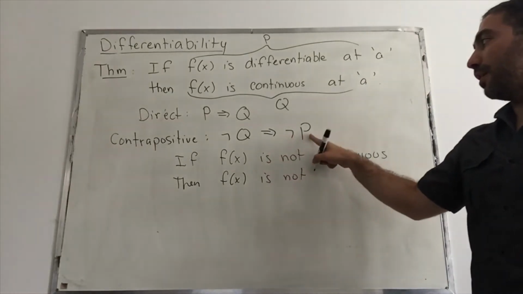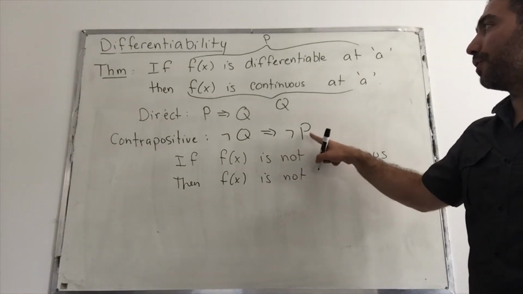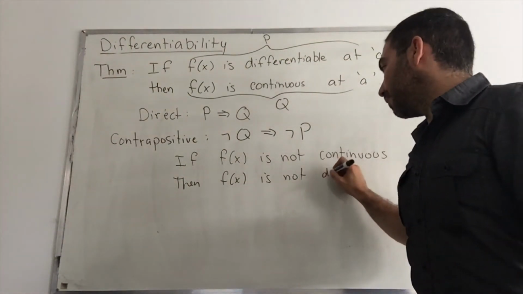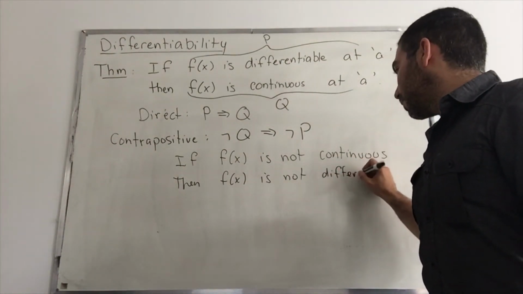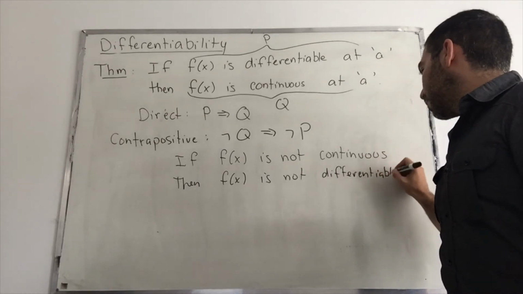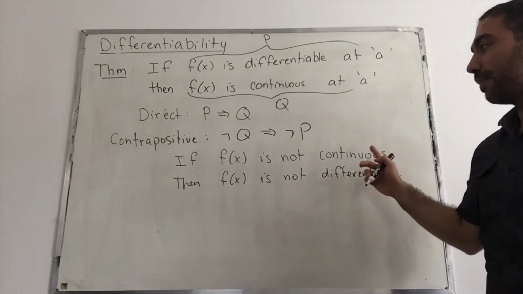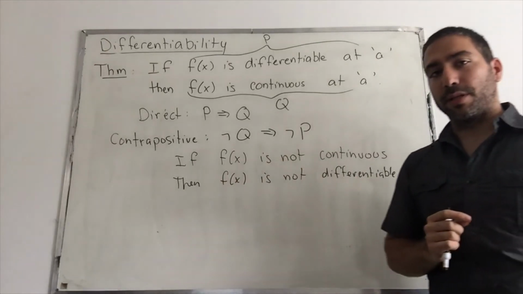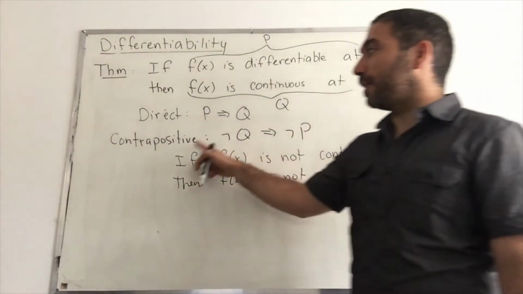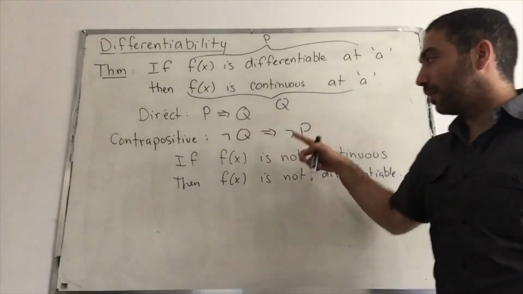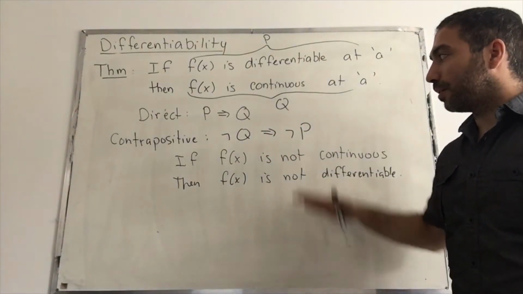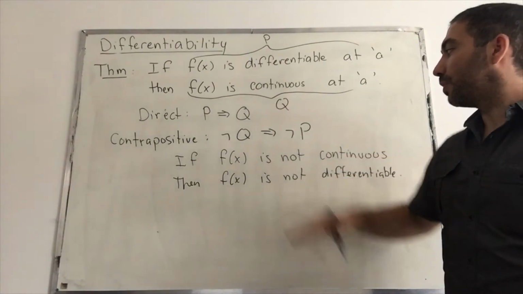This implies not P, the negation of P. P is f of x is differentiable, so not P is f of x is not differentiable at a point a. So if we don't have continuity, then we don't have differentiability. So this contrapositive is an equivalent statement to the original. These are equivalent statements. They're both, in this case, true.